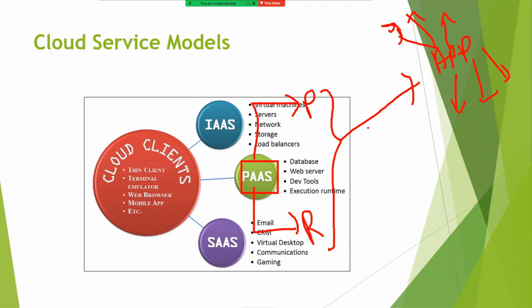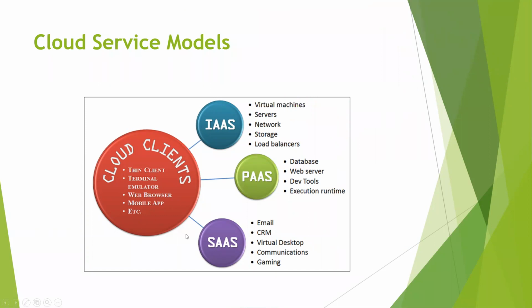Next, SaaS. What is SaaS? Software as a service. The best example for software as a service is Office 365, which provides around 30-plus components. Maybe some of you are already working with it in real time.